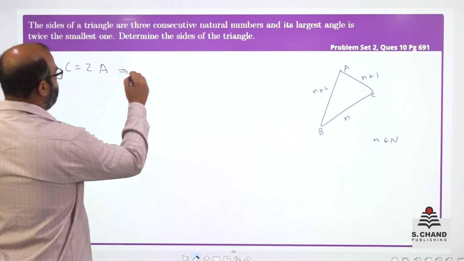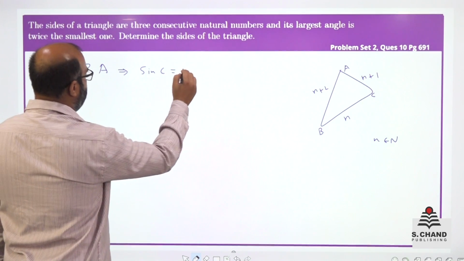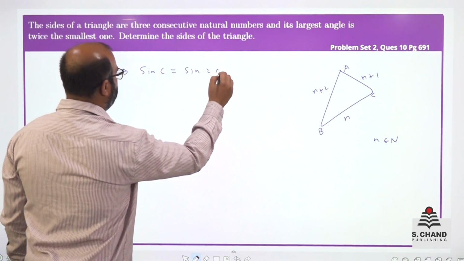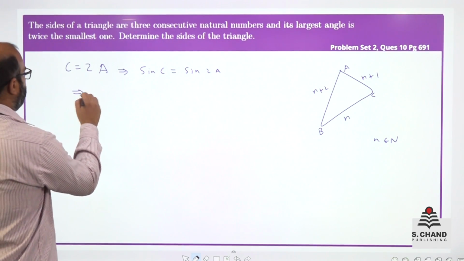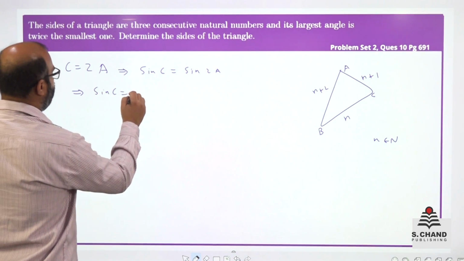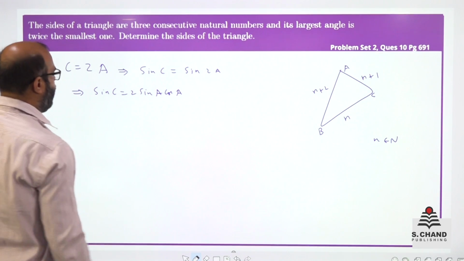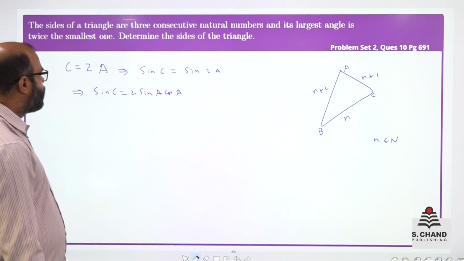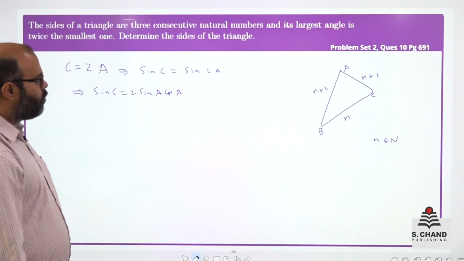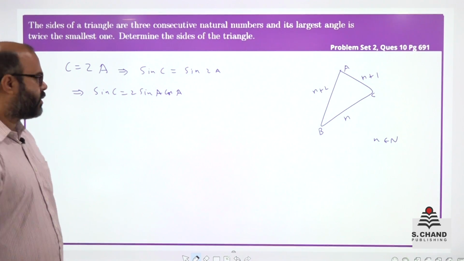This implies if you take sine both sides, sine C is sine 2A, which will give you sine C equal to 2 sine A into cos A, right? So after doing this, you can apply the sine rule and cosine rule simultaneously.